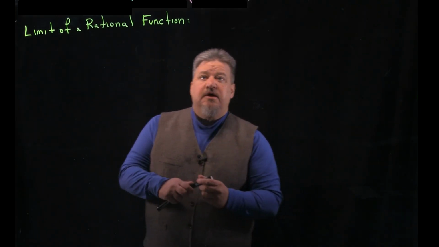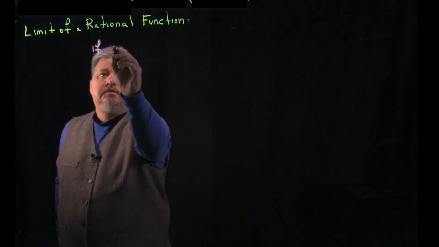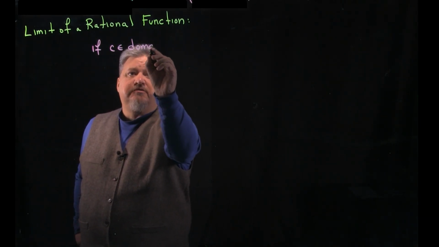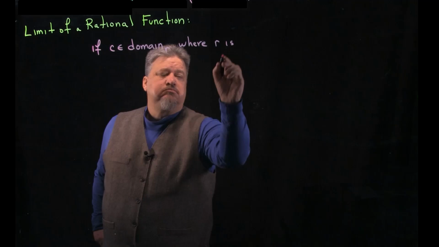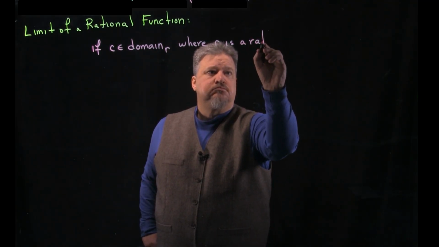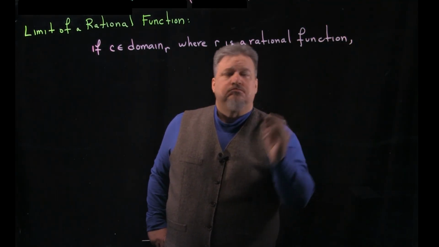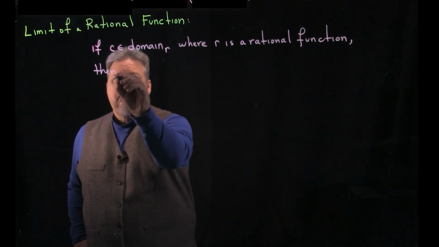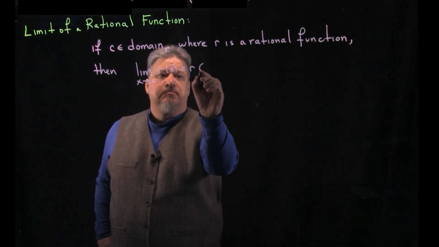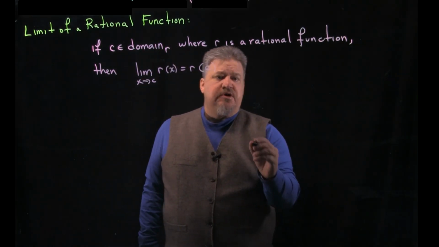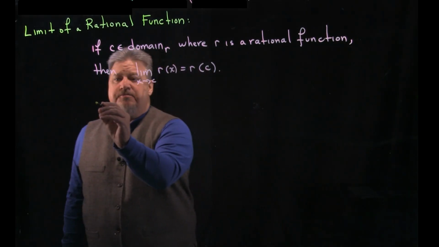We know that if C is in the domain of R, where R is a rational function, then the limit as x goes to C of R of x is of course R of C, which says if C is in the domain of a rational function, then we can evaluate the limit functionally, namely by functional evaluation. So let's look at an example.